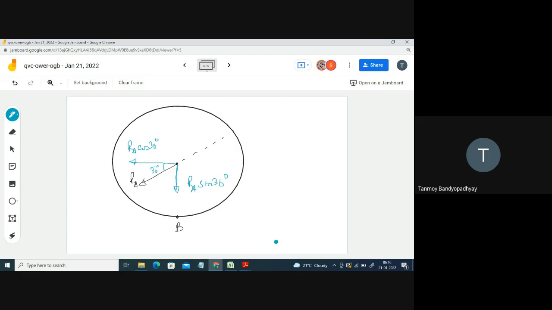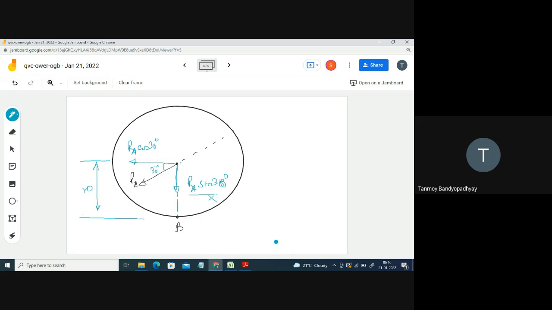Okay? See, RA sin 30 degree passes through the point B itself, so it won't have any contribution to the moment. This part is clear to you, I hope. Number 2, RA cos 30 will have a moment. So let's find out the distance between the line of action of the force and the moment center point. So this is the distance. This is R, the radius of the circle itself.